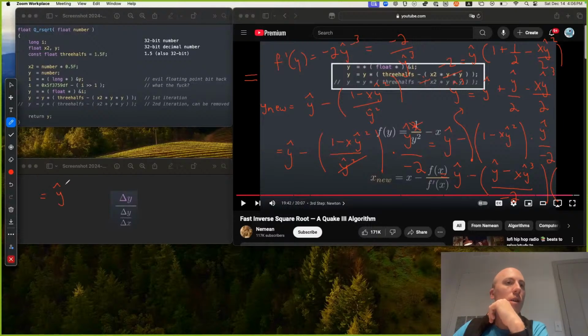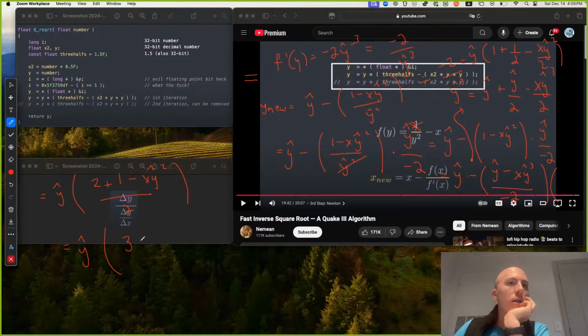So equals y hat. How about let's do 2 plus 1 minus x y hat squared over 2. I guess that's just equal to y hat 3.